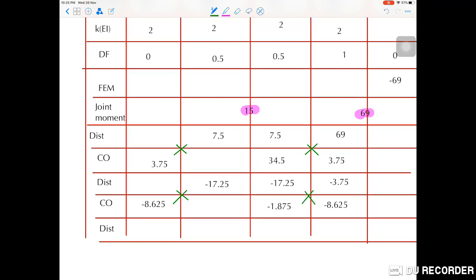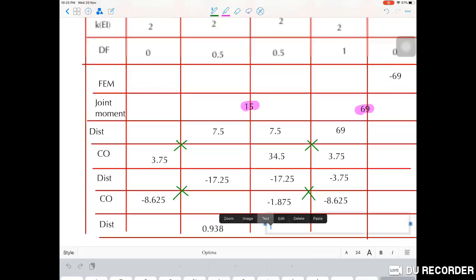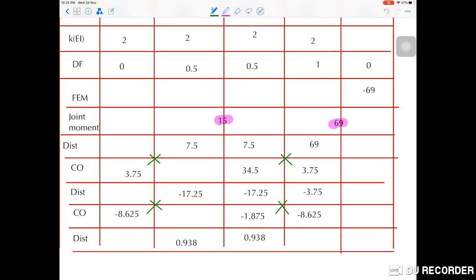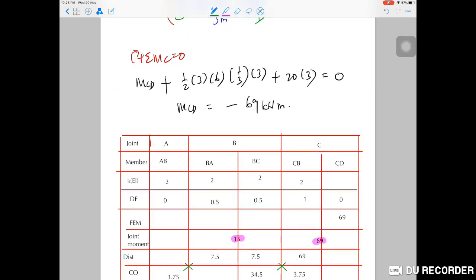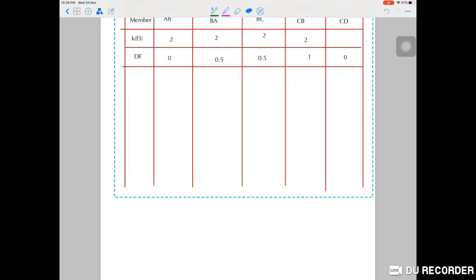Okay, so 1.875 is positive 0.938. Okay, we continue.